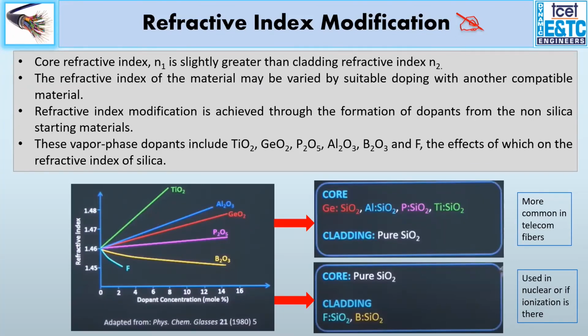Definitely your starting material is a pure glass, the fused glass, and then you add the dopants depending upon what refractive index you want, whether you are adding titanium oxide, aluminum oxide, germanium oxide, phosphorus oxide, or boron oxide, or fluorine, right? Fluorine glass fiber, as I talked about.